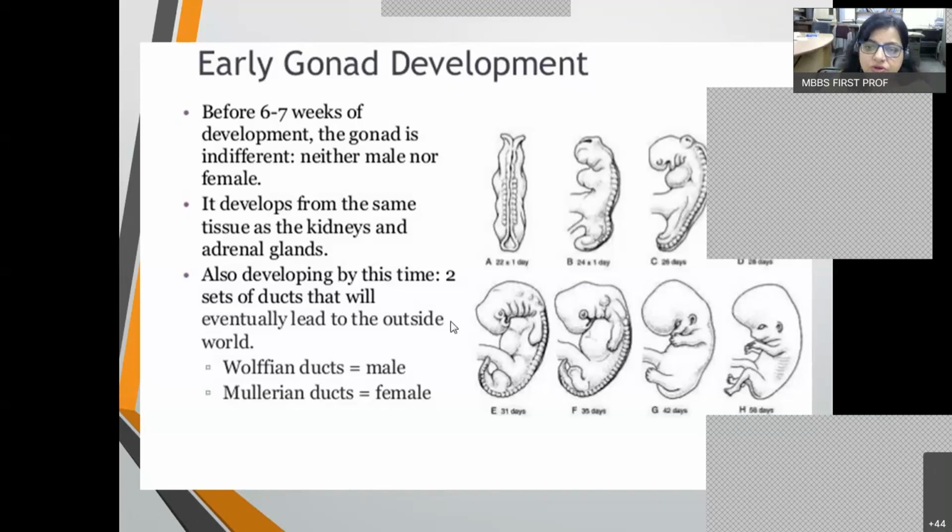There are certain videos regarding the development of the male and female reproductive system, but as this is not my system, I have to take the class from the chairman's chamber because my computer got non-functioning. So I've posted all the videos in the Google Classroom. You can watch all the videos along with some of the models from the museum that I have posted there.